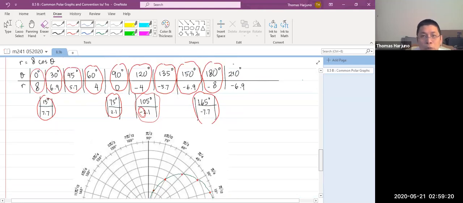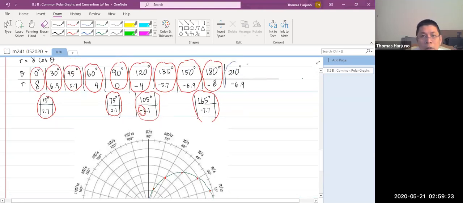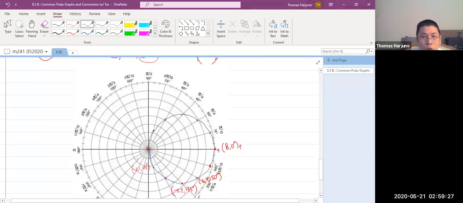Now, things to see is the following. The reason I asked you to go further, 210 here. When you go 210 degrees, you will shoot backward and you will hit this anyway, which we already had earlier.